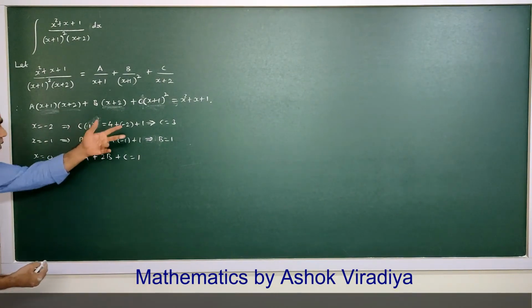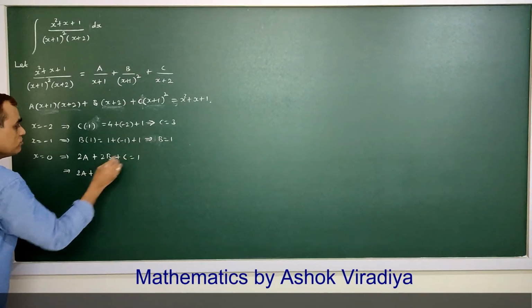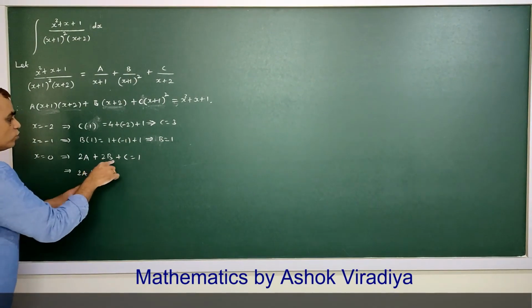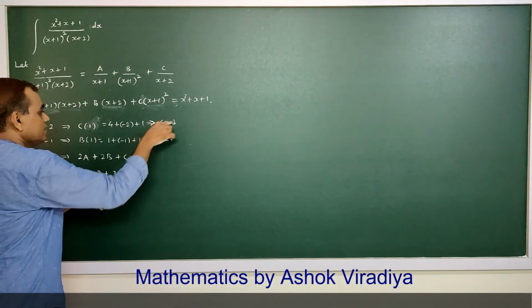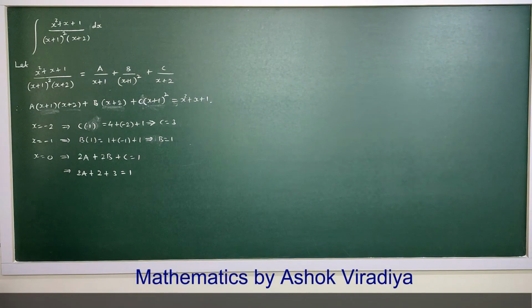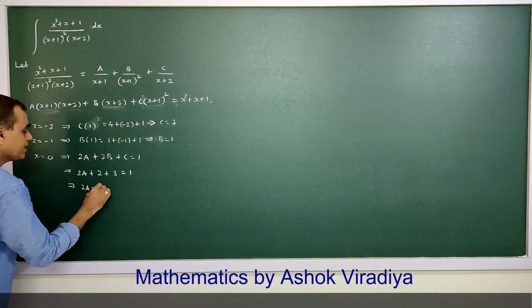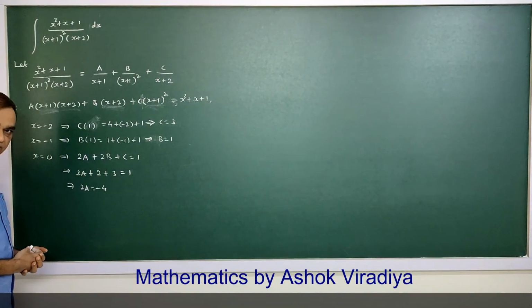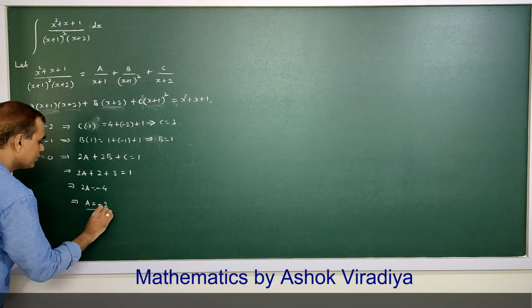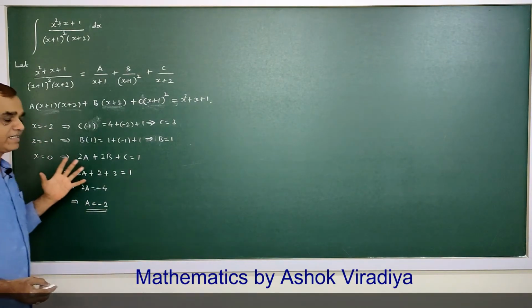Now forwarding these values of b and c, 2a plus 2b is 2 into 1 is 2, c is 3 equal to 1. Therefore 2a is 1 minus 5, minus 4. So a is minus 2. So a, b, c are obtained.